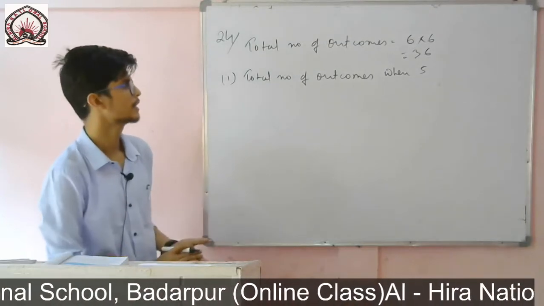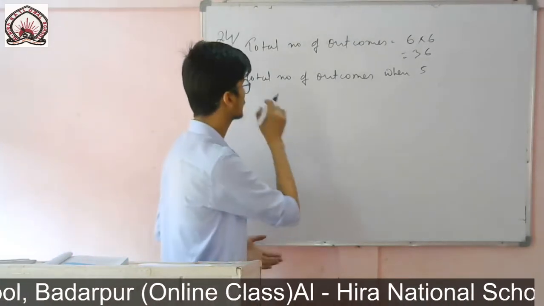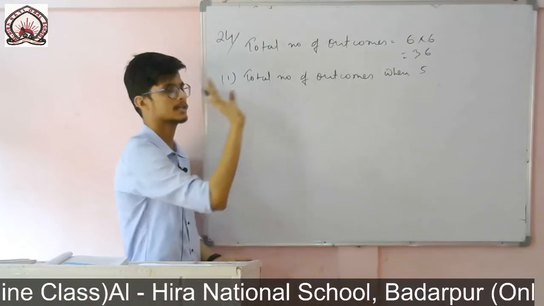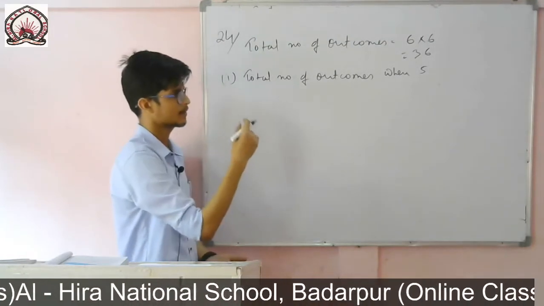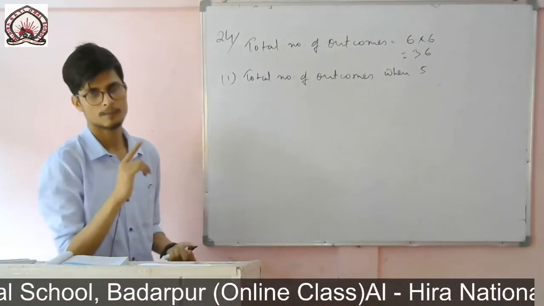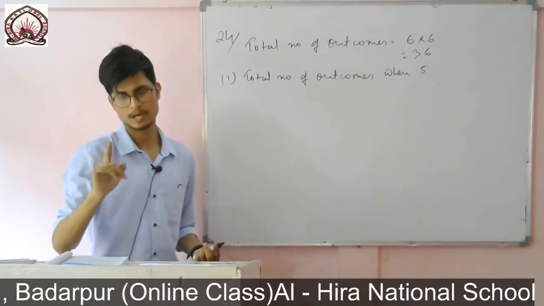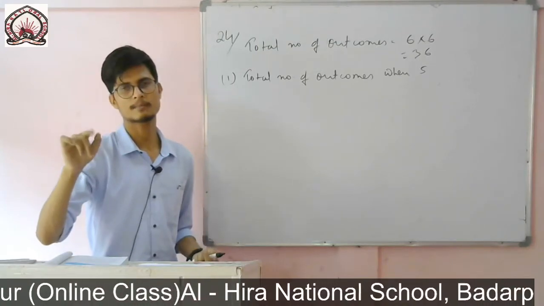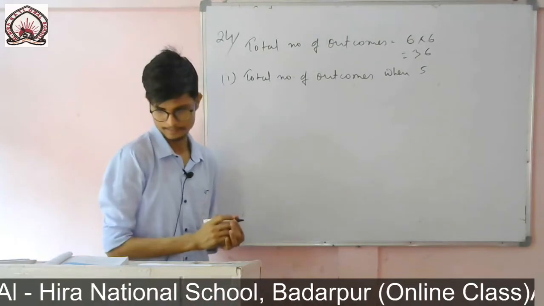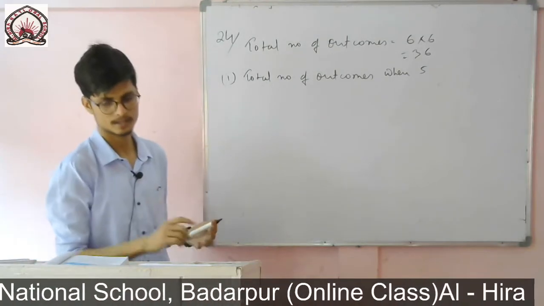This is very easy. First I will find that 5 will come on either face, and then I can find that 5 will not come on either face. The probability that 5 will not come on either time equals 1 minus the probability that 5 will come on either side.